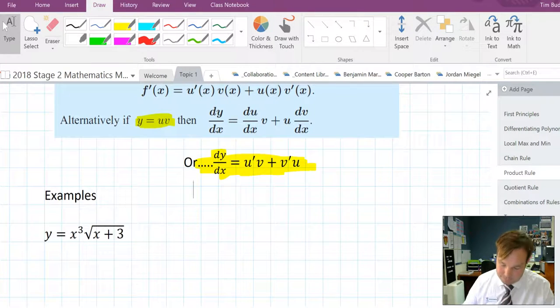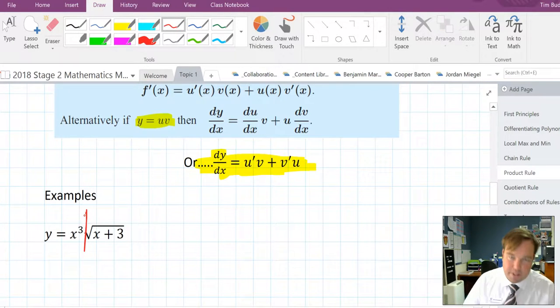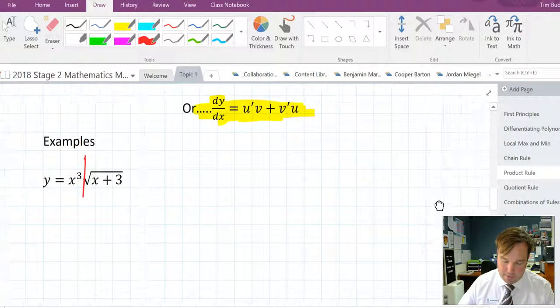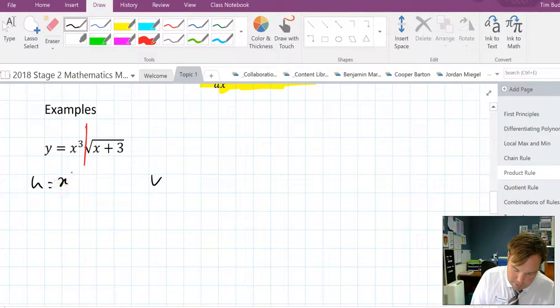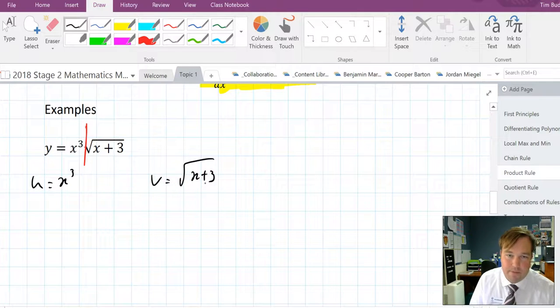So, examples. Here we have two functions. We want to find out how to differentiate it. So, dy dx, I would always write u and v. U is x to the 3, v is the square root of x plus 3.